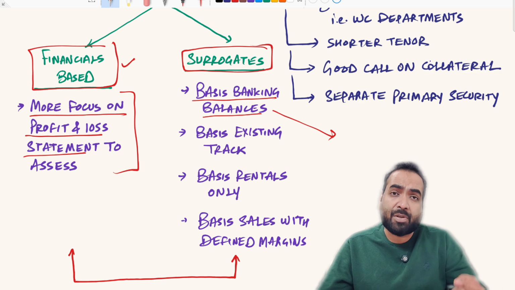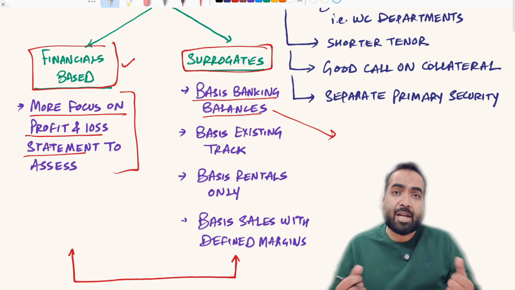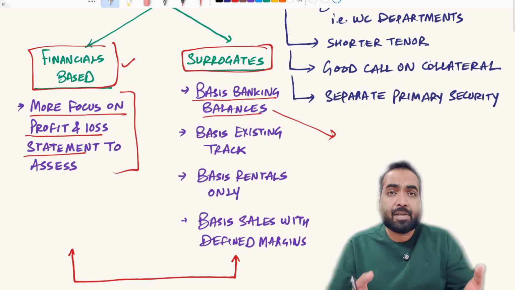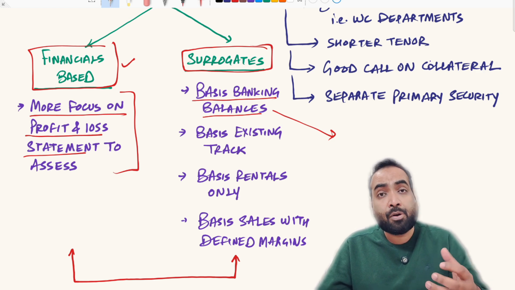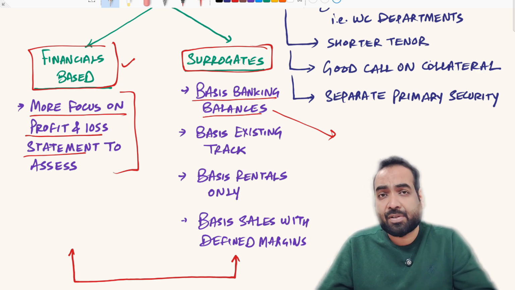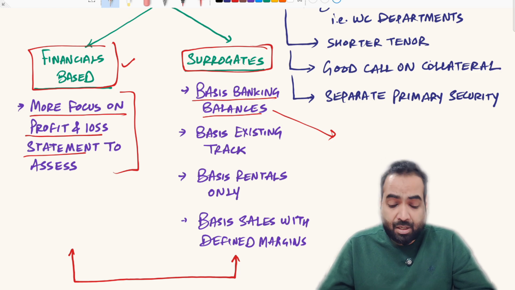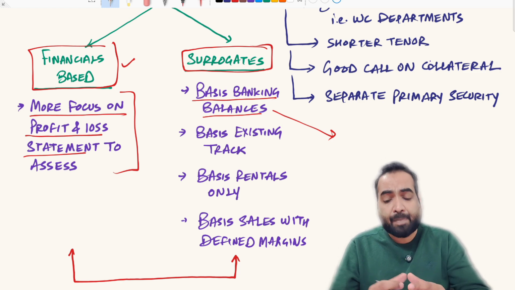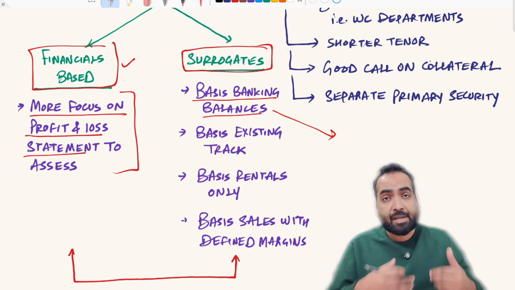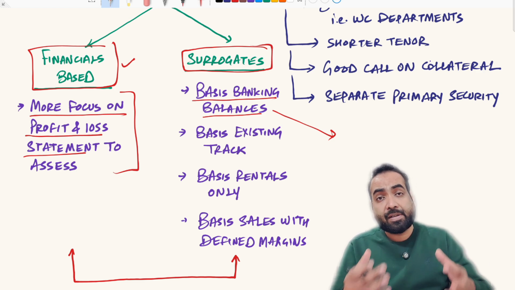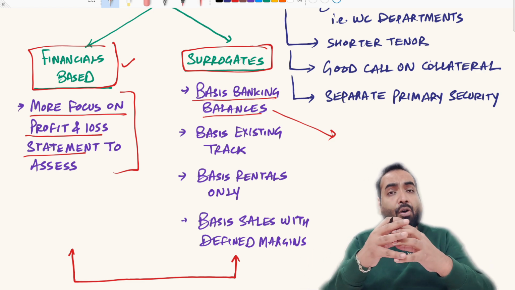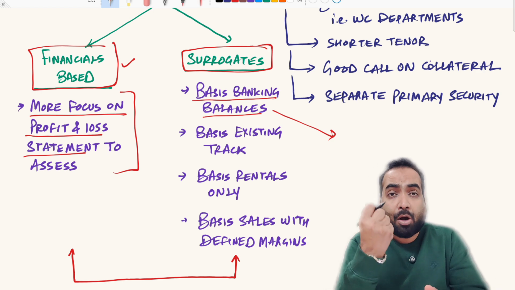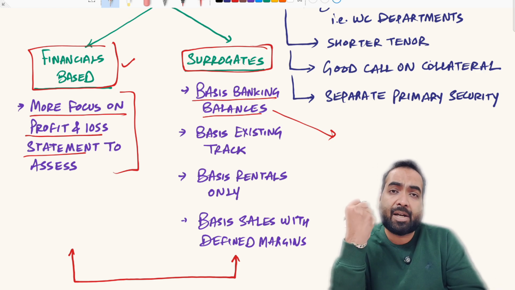If he is holding that much cash, that means he must have been generating a very good amount of cash from his business, which may not be reflected accurately in his financial statements, right? So from the balances of various persons, like his account, his mother's account, his father's account, his wife's account, we combine the average balance of all the bank accounts and calculate how much average per month balance is maintained by him.